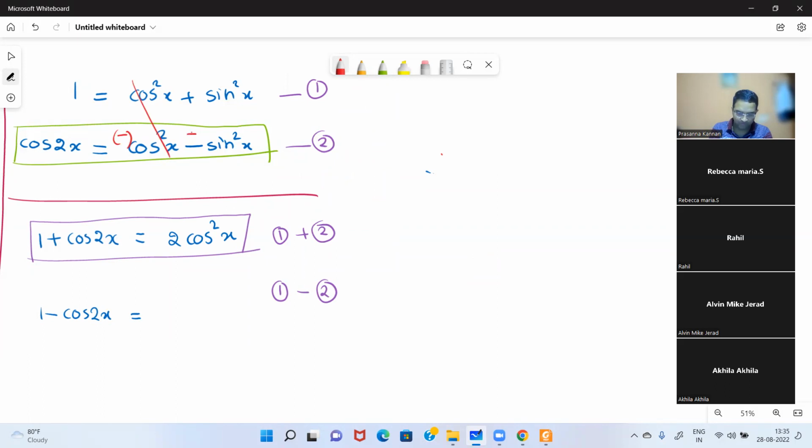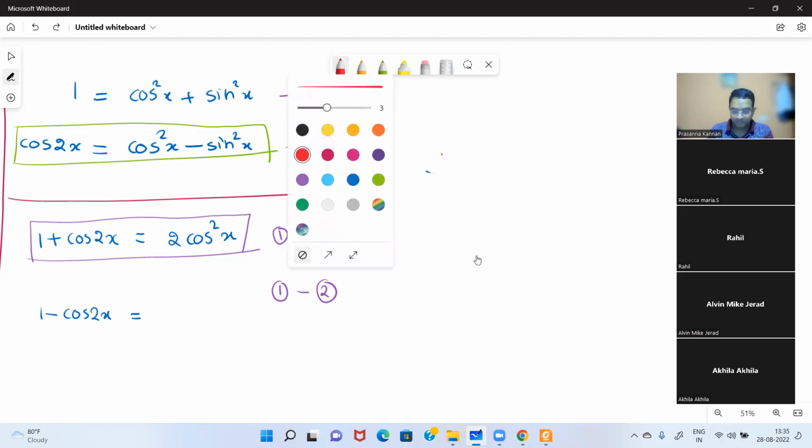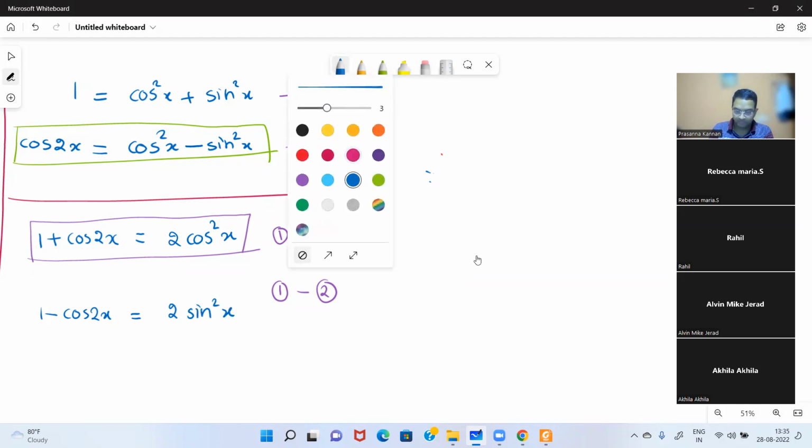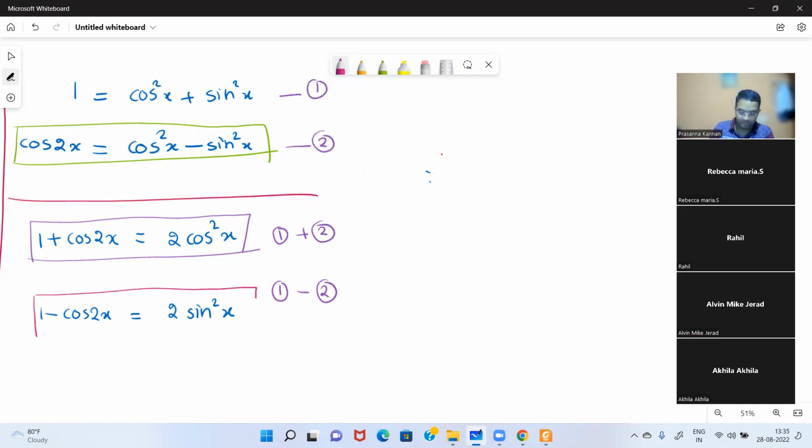This will be minus of minus, so plus sin square x, which will become 2 sin square x. Exactly. So this will be 2 sin square x. Very clear?